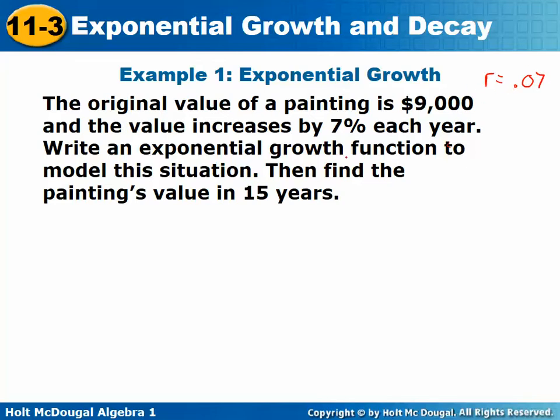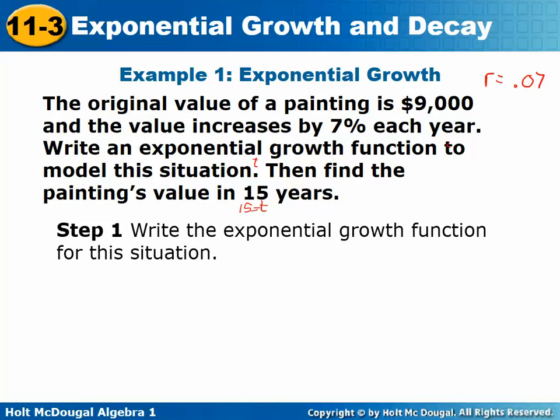Write an exponential growth function to model this situation. So we write it using t as a variable, and then we solve that equation using 15 equals t. First we write the function, replacing everything except for t and except for what we're looking for, and then we'll solve it replacing t with 15.